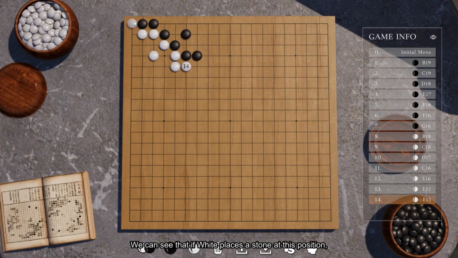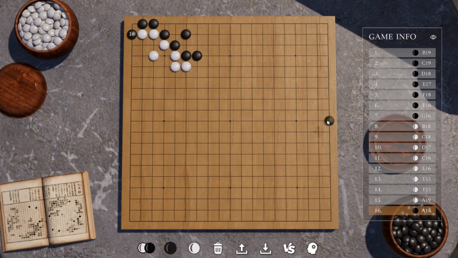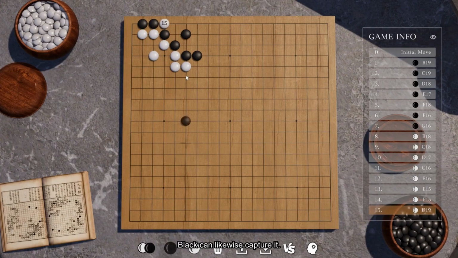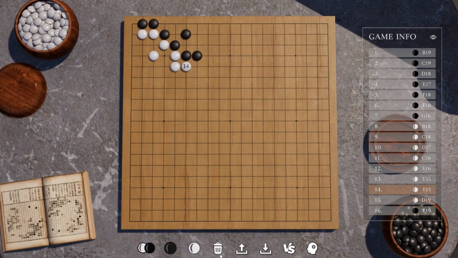We can see that if white places a stone at this position, black can capture white immediately. So this position is a tiger's mouth. If white places a stone at this position, black can likewise capture it. This is the second tiger's mouth.